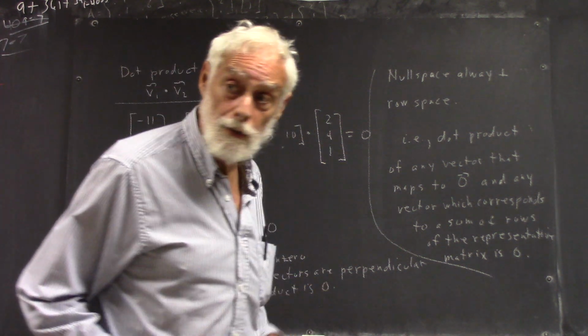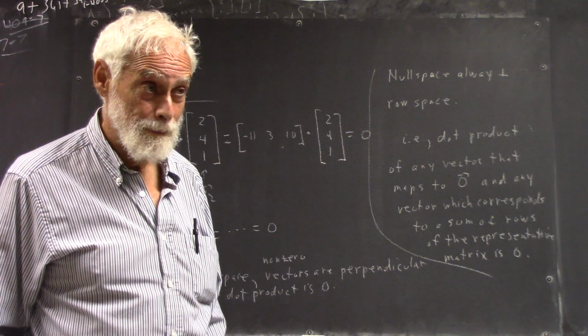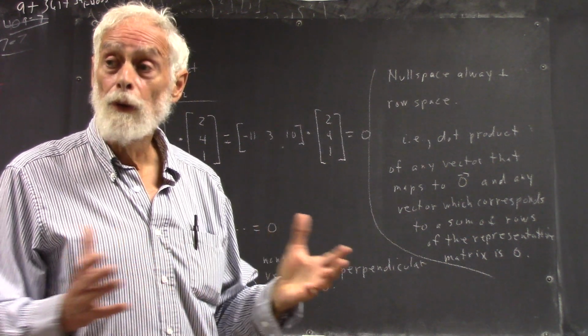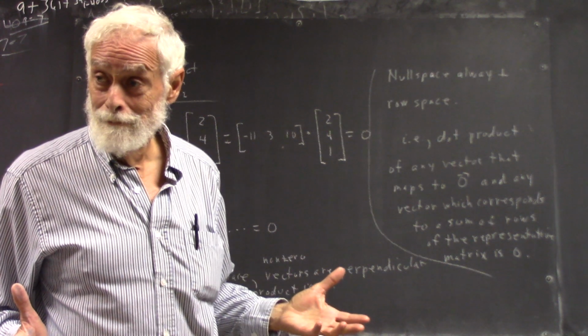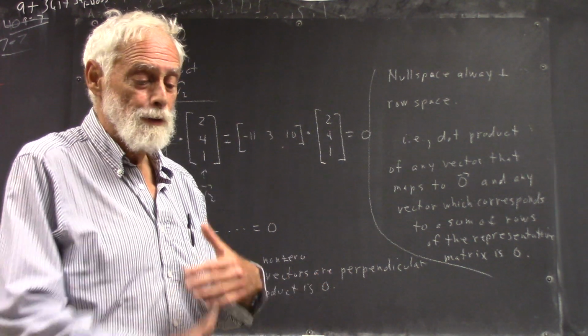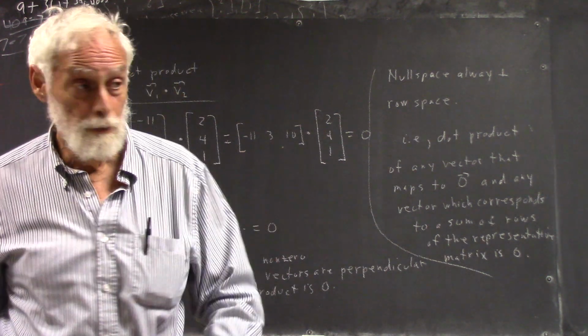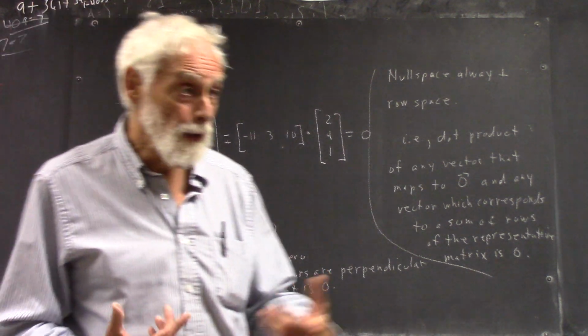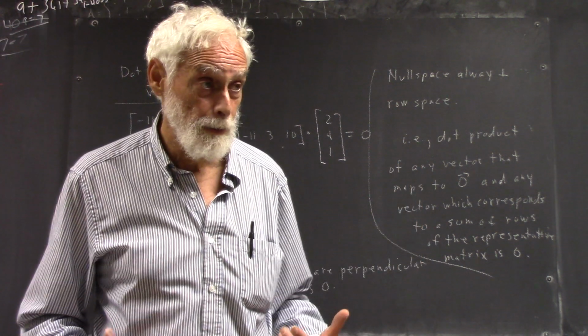You don't have all the axioms, okay? A subspace, as I mentioned, is just a vector space within a vector space. So this plane in R3 that is your row space is itself a vector space. If you had any two vectors in that plane, you're going to get a vector in that plane.